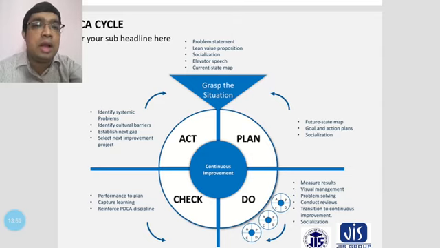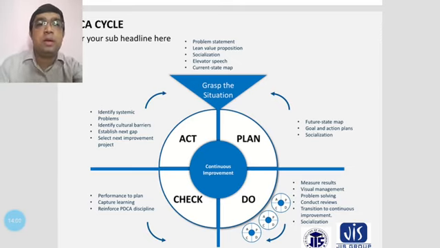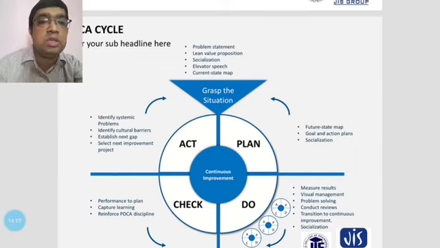And another thing is that you consider plan, do and check, and again you have to consider the act, and identify systematic problems, and take action on the identified systematic problems.